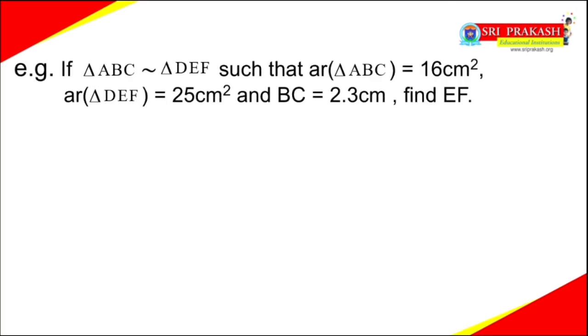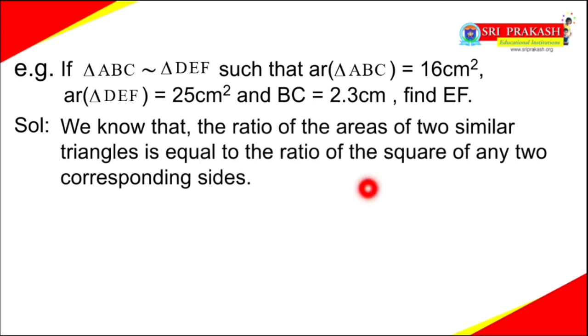Next, if triangle ABC is similar to triangle DEF such that area of triangle ABC is equal to 16 centimeter square, area of triangle DEF is equal to 25 centimeter square, and BC is equal to 2.3 centimeters, find EF. Children, let us start. We know that the ratio of the areas of two similar triangles is equal to the ratio of the square of any two corresponding sides.